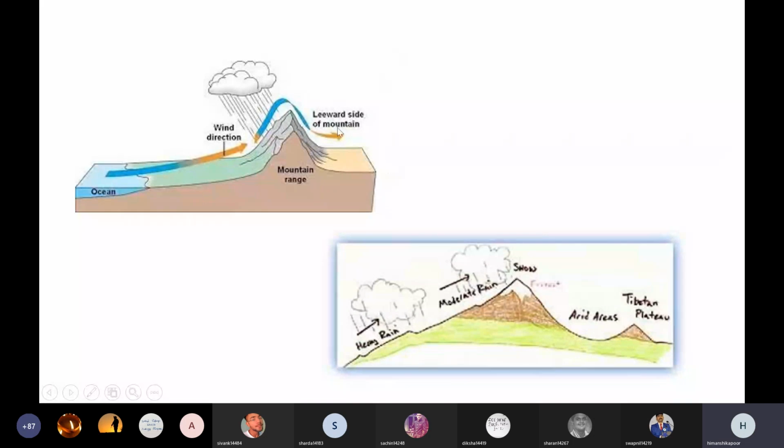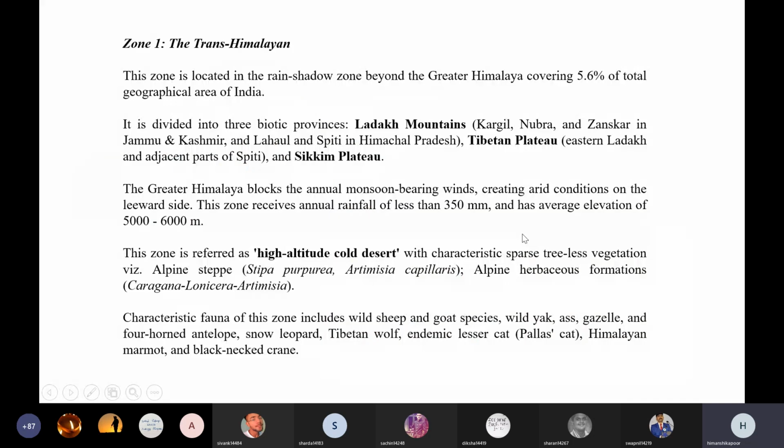We have two sides, the leeward side and the windward side. The windward side is receiving the wind, and the leeward side is not receiving these monsoon-laden winds, so this area will have arid regions. The annual precipitation, which may be either snow or rainfall, would be less than 350 millimeters.